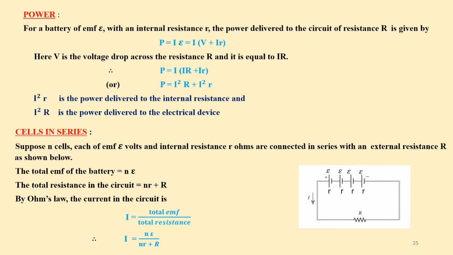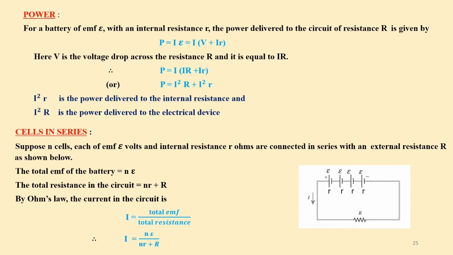Here V is the voltage drop across the resistance capital R and it is equal to I into R. Therefore, P is equal to I into IR plus I small r, or P equal to I square capital R plus I square small r. I square into small r is the power delivered to the internal resistance and I square capital R is the power delivered to the electrical device.